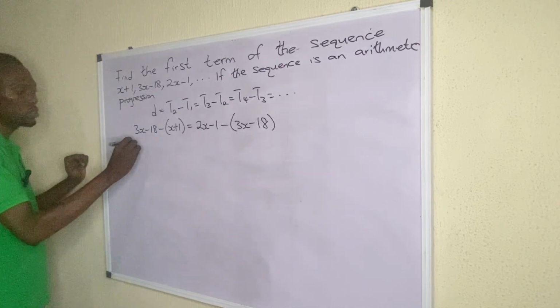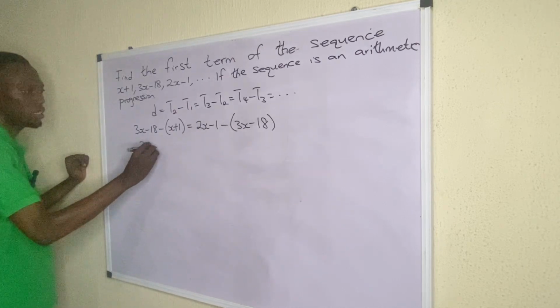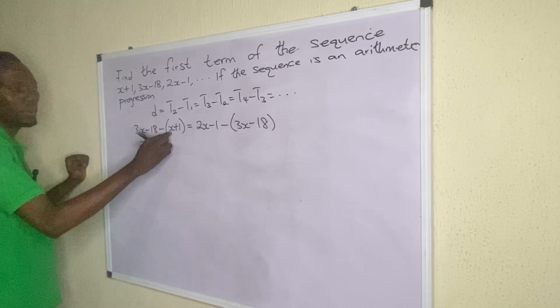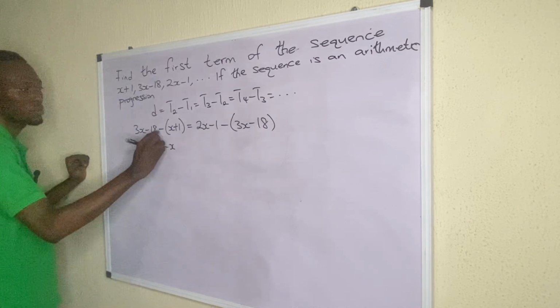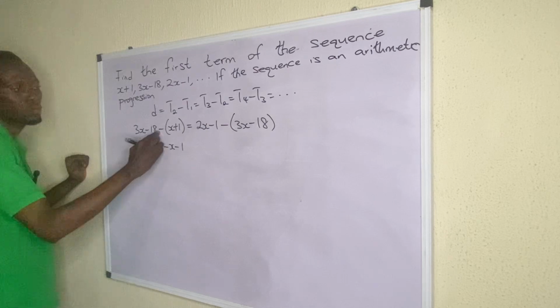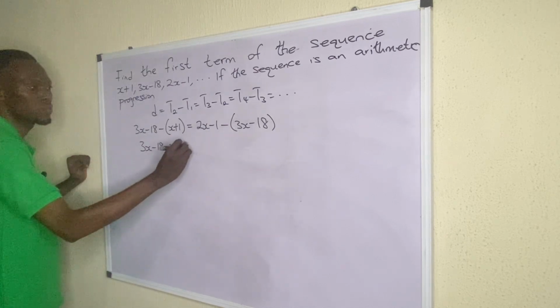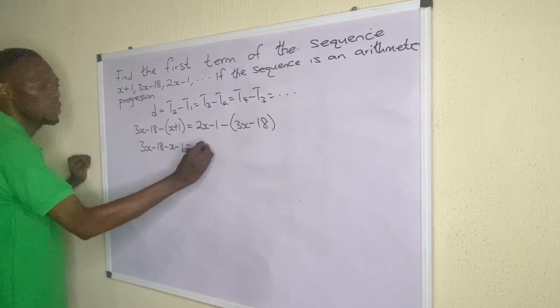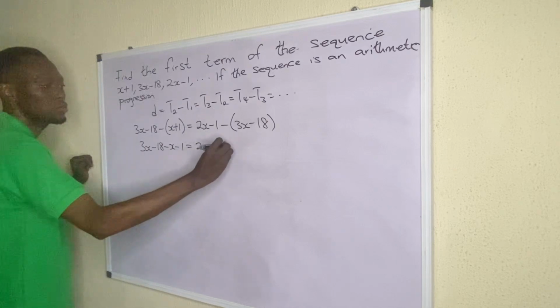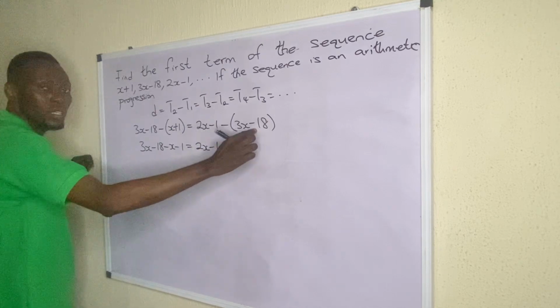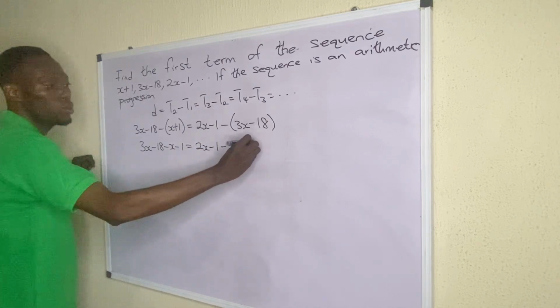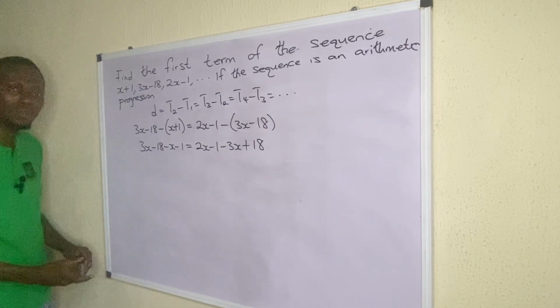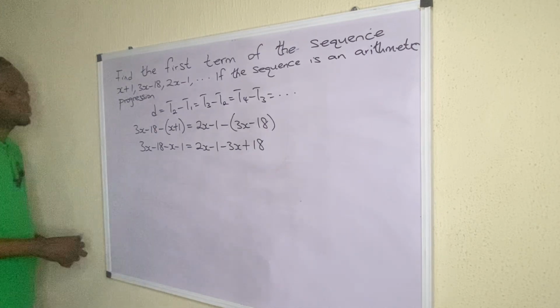So let's go on. I'll be having 3x minus 18, minus times this will give me minus x, minus times this will give me minus 1, because minus times plus is minus, which is equal to 2x minus 1. Minus times 3x will be minus 3x. Minus times minus 18 will turn to plus 18, because minus times minus will give us plus.